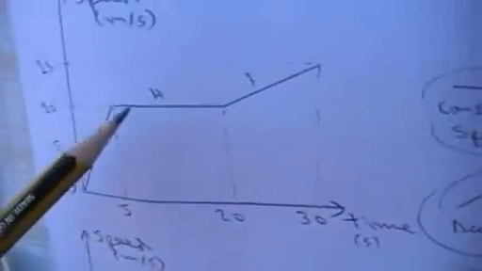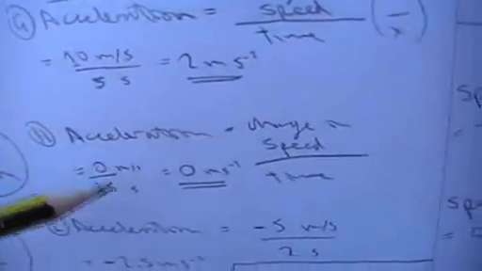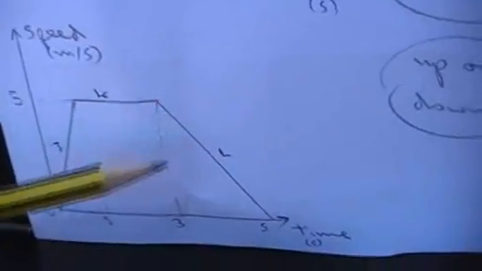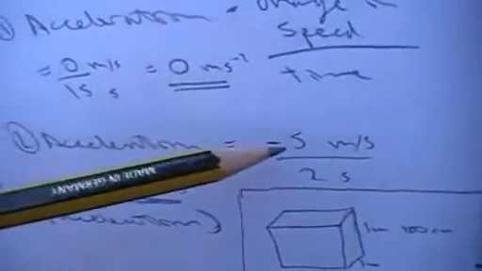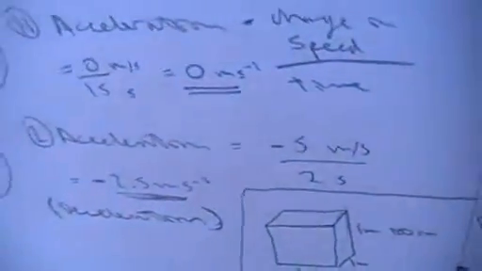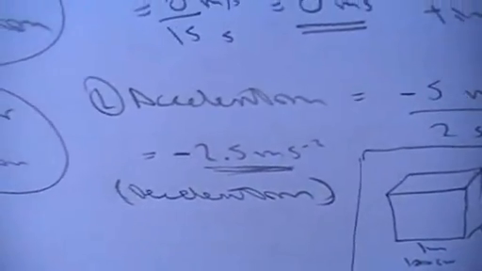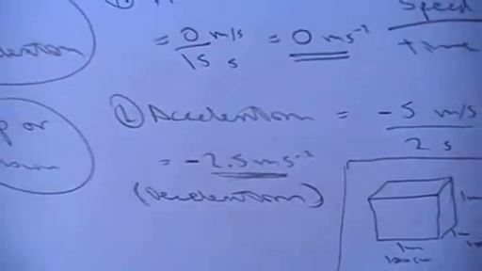Similarly for H, acceleration is the gradient, and there's no acceleration because you're going at steady speed. And L, you're actually decelerating. Your speed is going from 5 to 0 in that 2 seconds. So your acceleration is 5 divided by 2, which gives you -2.5 meters per second per second, or deceleration.